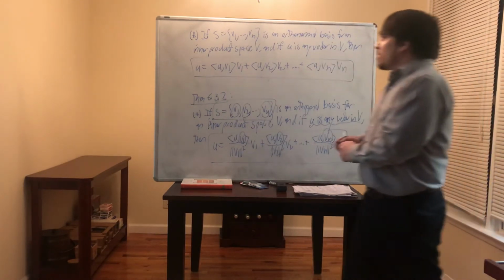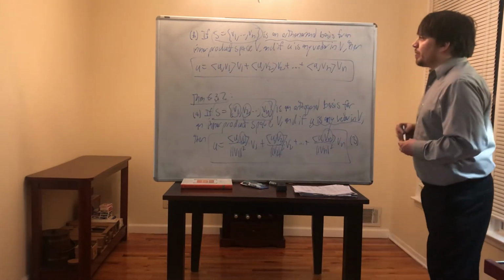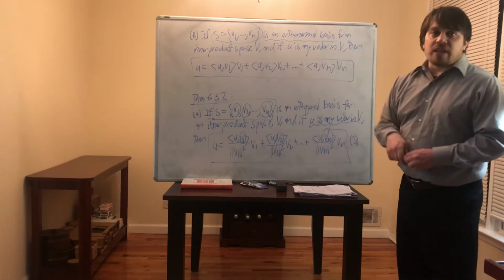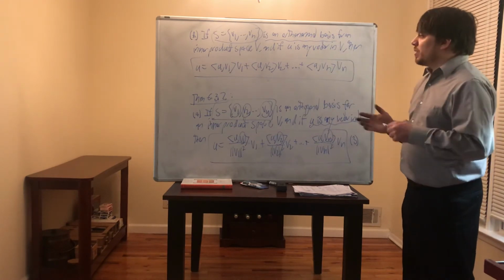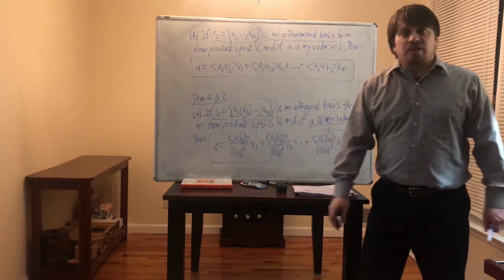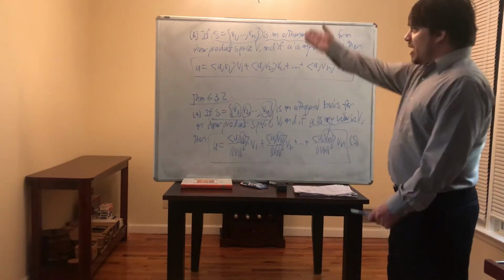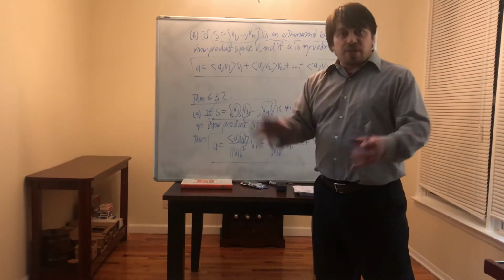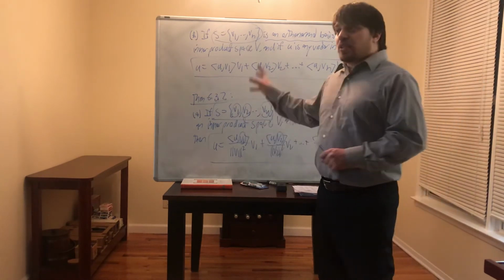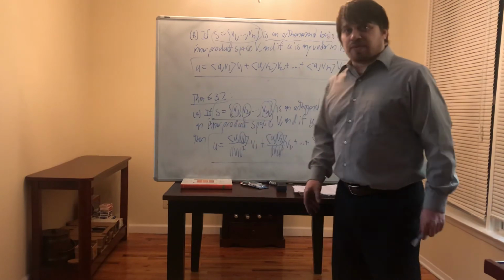So if that set S is an orthonormal basis, that means it's an orthogonal set and every vector is length 1, right? It's an orthogonal set because if you take any two vectors in that set, their inner product is 0. It's orthonormal because in addition to being an orthogonal set, the norm of every vector is 1, and the norm is determined by the inner product you chose for that inner product space.